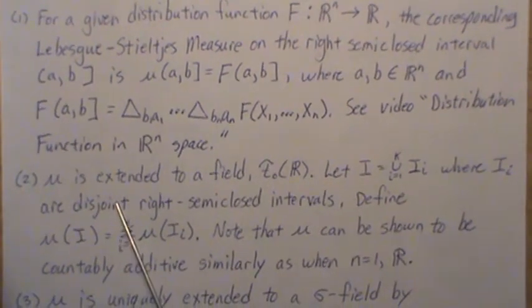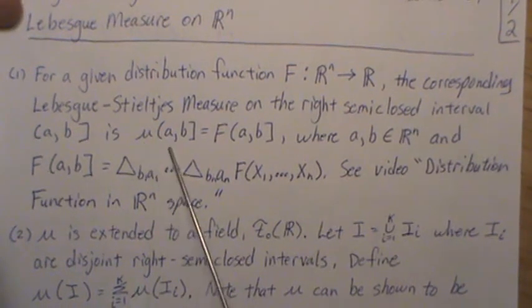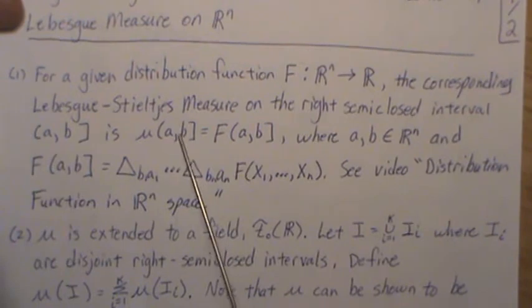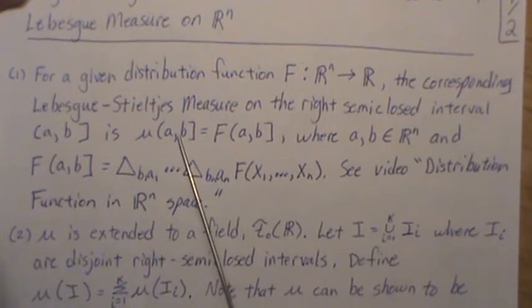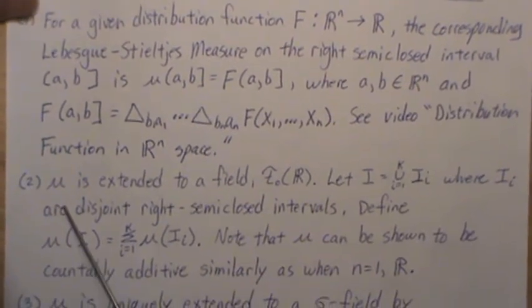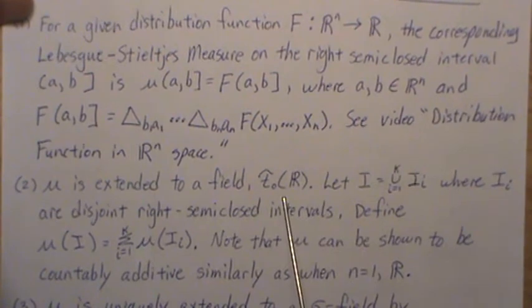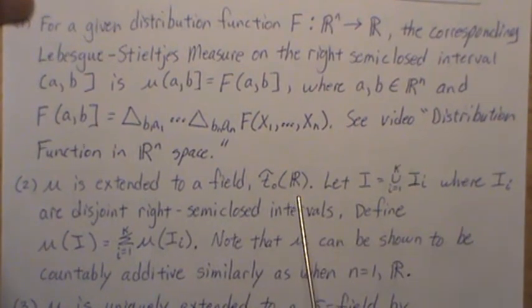Now first of all, the Lebesgue-Stieltjes measure, we're only defining it on right semi-closed intervals. That's it. Then it's easy to extend the Lebesgue-Stieltjes measure, so mu is extended to a field of right semi-closed intervals.